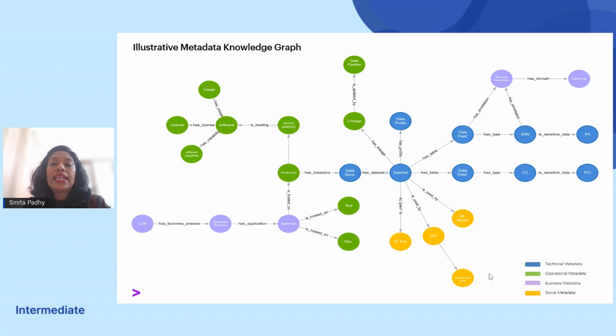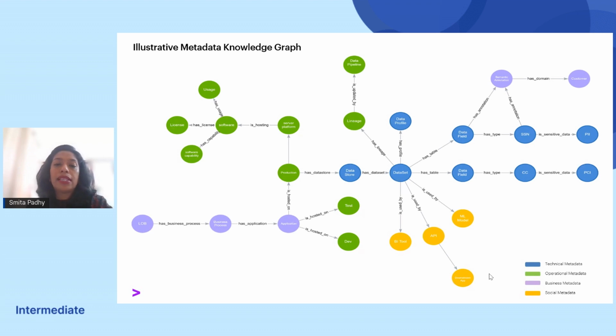These kind of complicated questions, which require us to go from one line of business to another, from one department to another, from one system to another system in order to answer them, become very easy when you have the metadata information in a graphical format and you can visualize it and derive information.